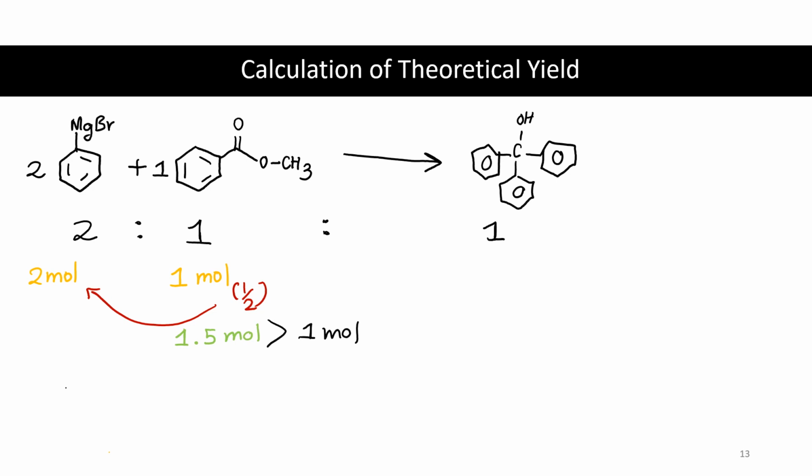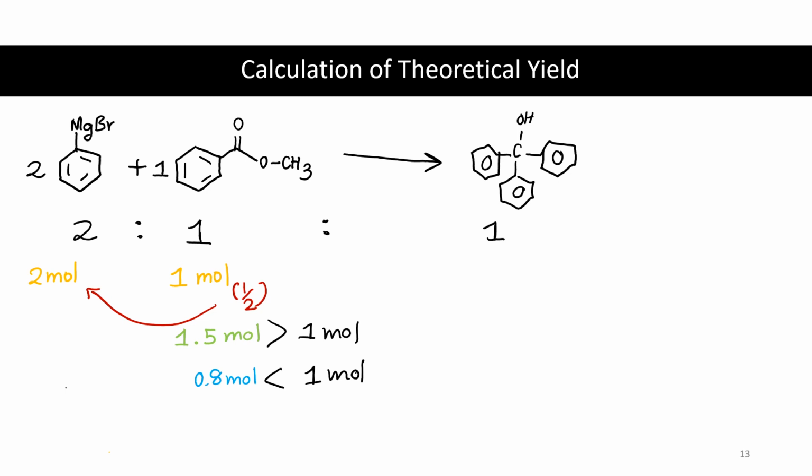Because for these 2 moles to react, you only need 1 mole. But if you have 1.5 moles, that's more than you needed, which means this reagent is the limiting reagent. But if the number was, say, lower, then one mole, that means you need at least 1 mole for this 2 moles of phenylmagnesium bromide to completely react, right?